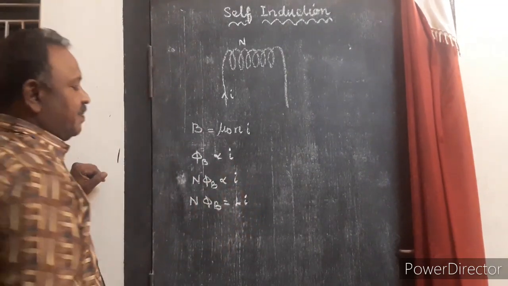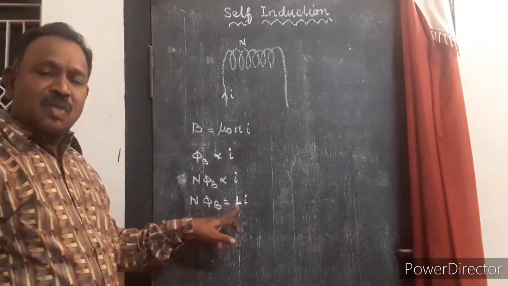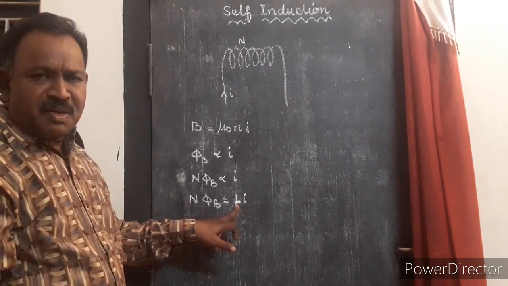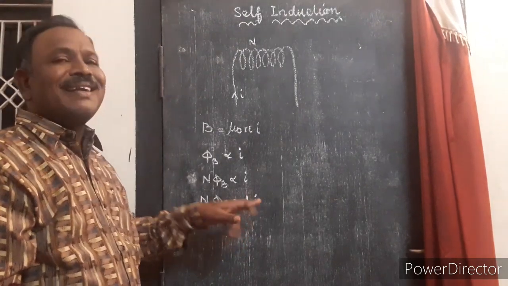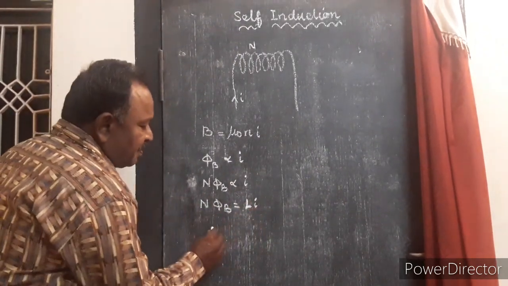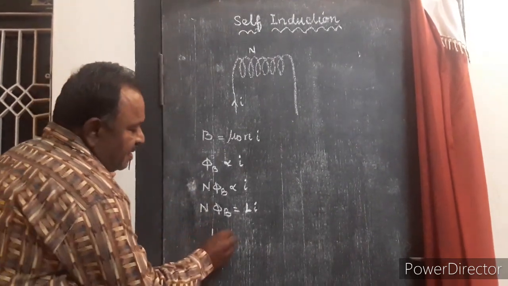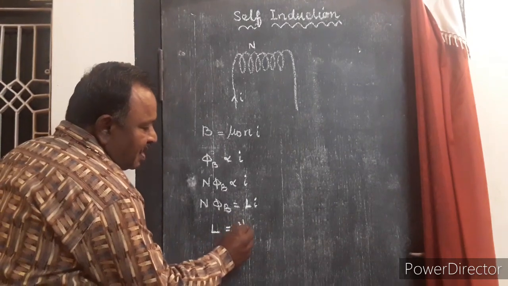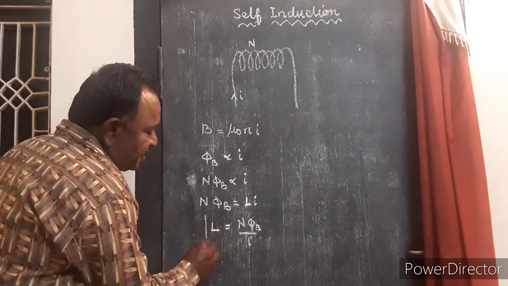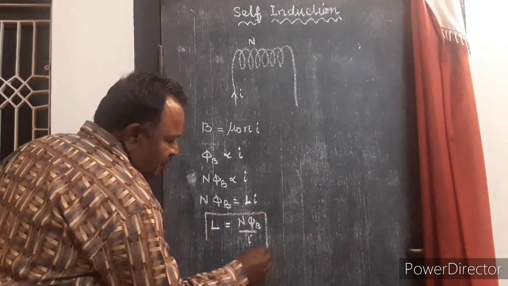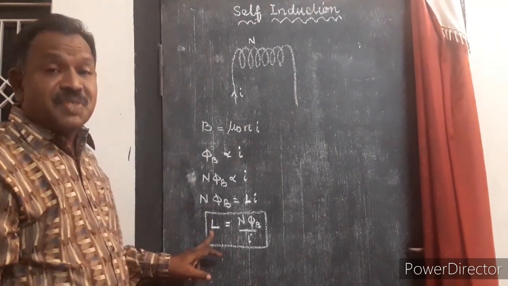or N phi B is equal to L I. This L, the constant of proportionality, is called the coefficient of self-induction or self-inductance. So from this equation, the coefficient of self-induction of the coil is given by L equals N phi B by I. This equation helps us to define the coefficient of self-induction.